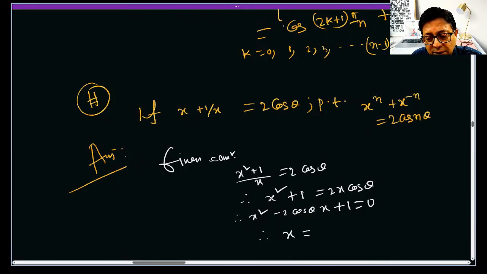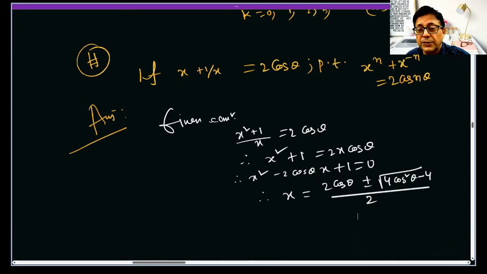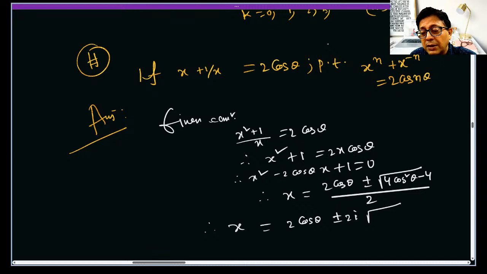Now find x from here: x equals 2 cos theta plus minus root over b square minus 4ac, divided by 2a. Go on simplifying it. X will be, from here if you take minus 4 common, it is coming to be 2i into root over this, by 2. Am I clear?